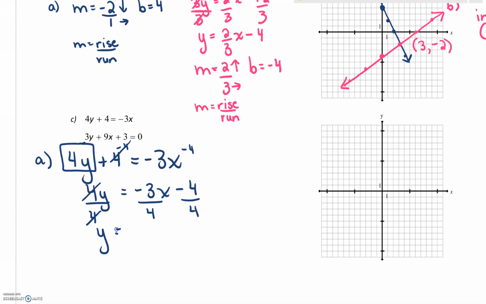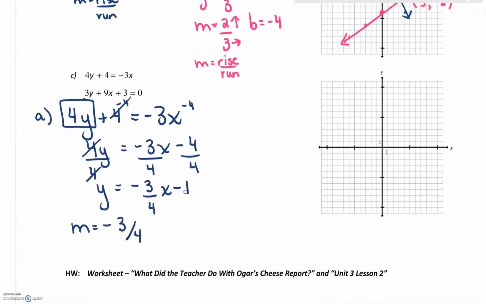So if I do that, I get negative 3 over 4x, and 4 divided by 4 is 1, but because there's a negative in front, it's actually negative 1. So in this case, we're going to write down our m, which is negative 3 over 4, and then we're going to write down our b, which is negative 1.